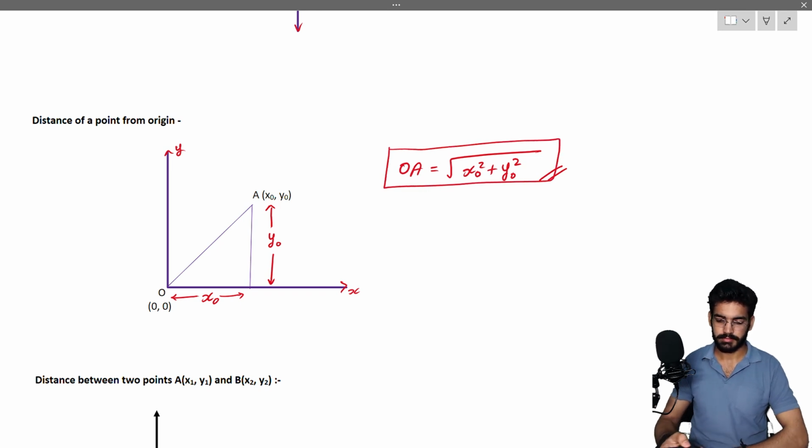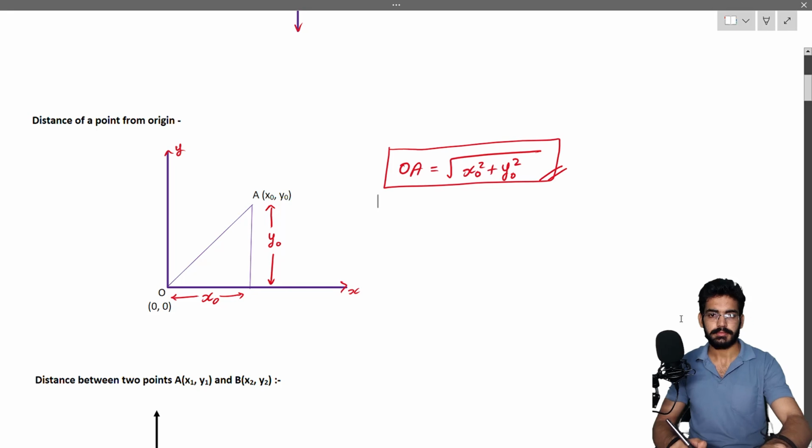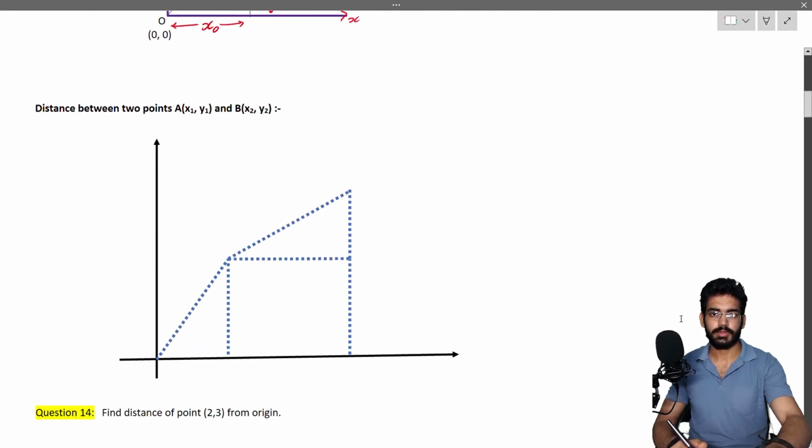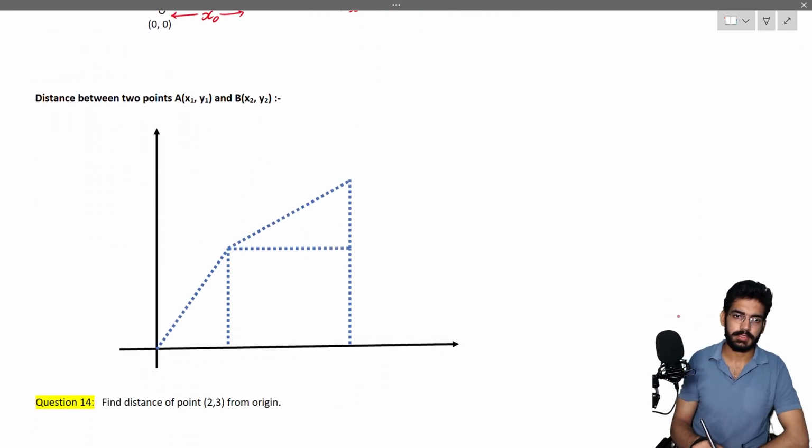Okay, next thing, distance between two points. A is given here, I will mark the points. A is x1 comma y1, and here is our B, that is x2 comma y2. Now let's calculate the length AB.